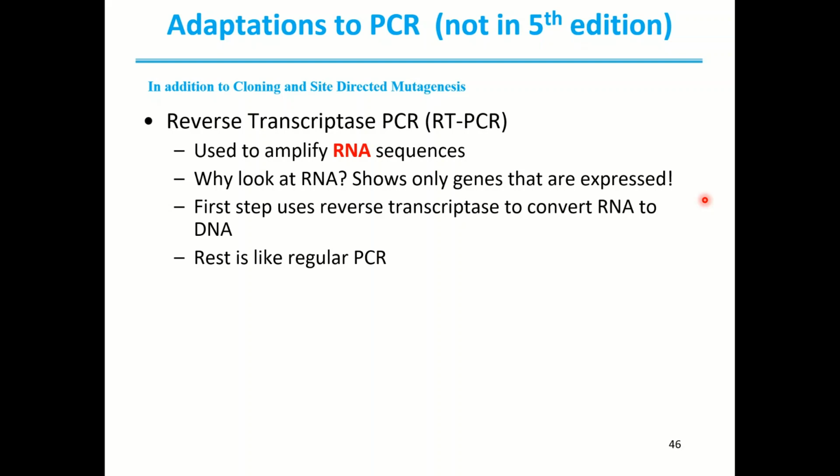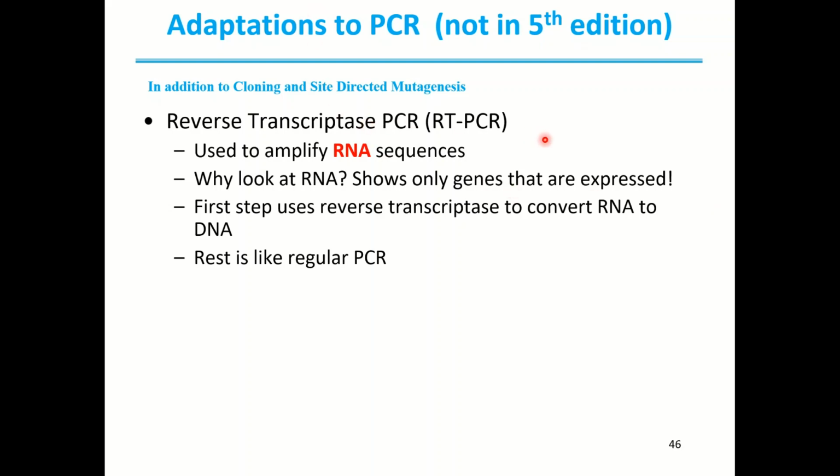But the genes that are being expressed differ very drastically from cell type to cell type, and even within the same cell type or same tissue, depending on the age of a person, the genes being expressed at a given time are going to vary. So to look at that, you really want to look at the RNA. That tells you what genes are being expressed.